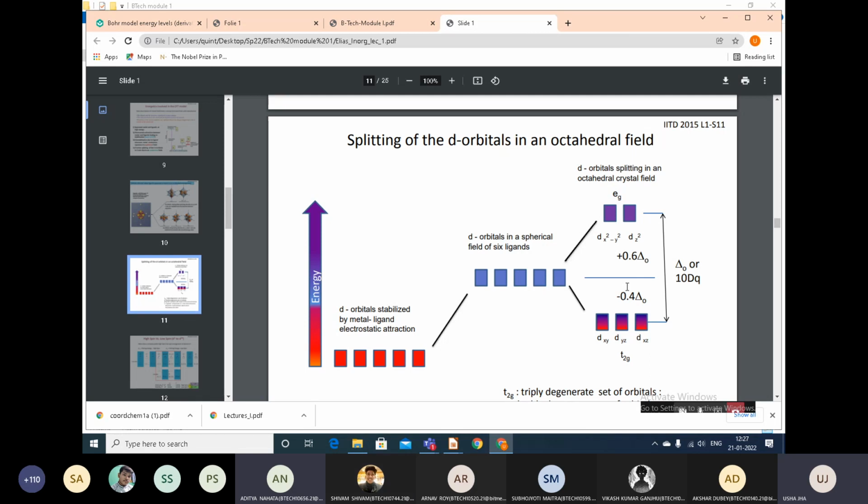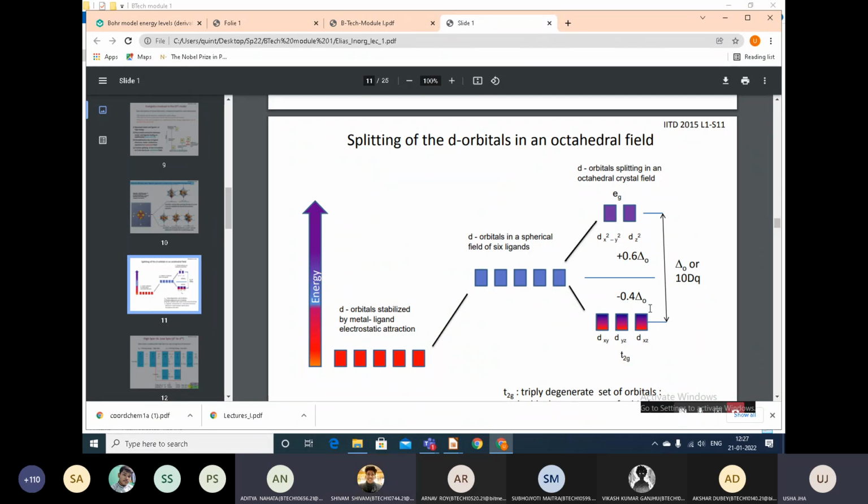So this is about the splitting and the energy level degeneracy that is lost. We say that this becomes triply degenerate, and this is T2g we call it, and triply degenerate means all 3 of these d orbitals are equivalent in energy at a lower level, and by how much?